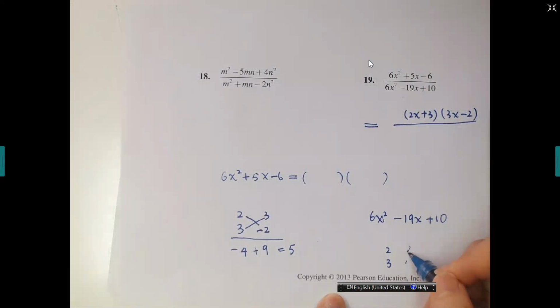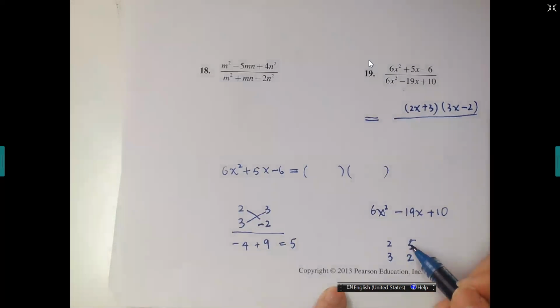If I use 1 and 10, there is no way to get 19 either. If I have 5 here, 2 here, when I cross multiply, what do I get? 15 and 4. 15 and 4 can get 19.